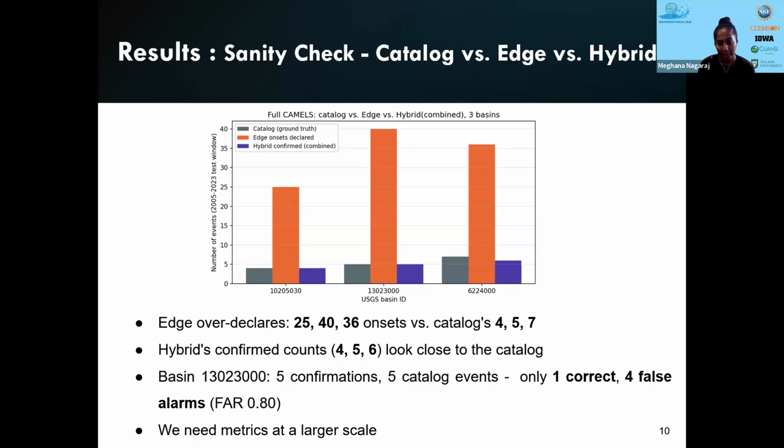The hybrid's confirmed counts were 4, 5, 6, which looks close to the catalog. For this basin, there are 5 confirmations and 5 catalog events, but only 1 correct and 4 false. This was only for 3 basins, and matching counts doesn't necessarily mean the dates match. So we needed metrics at a larger scale, which is 645 basins.